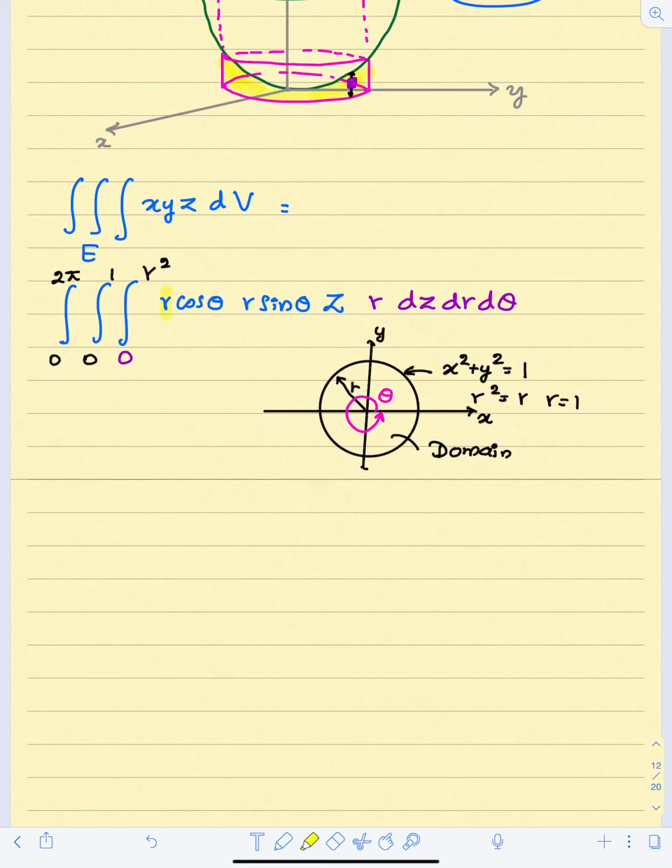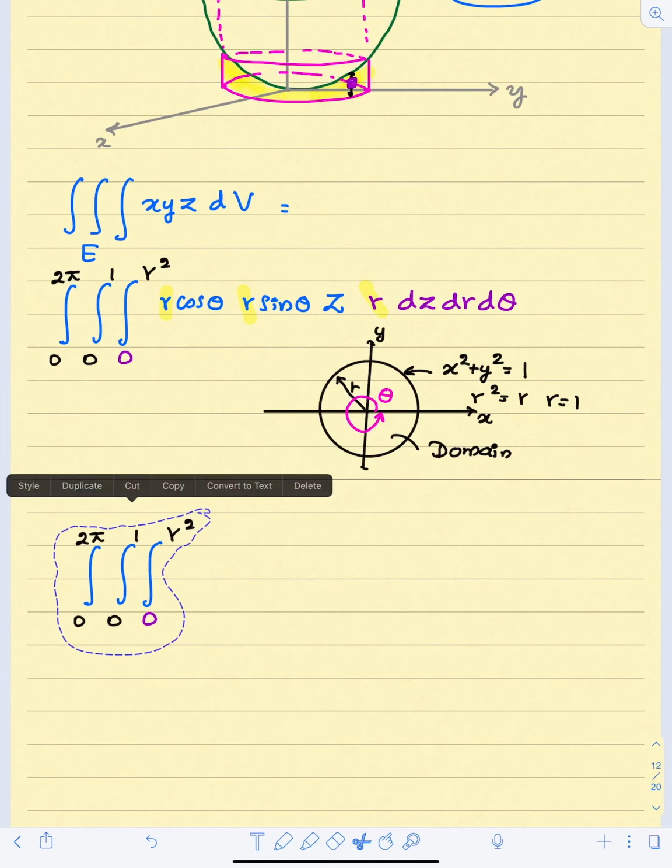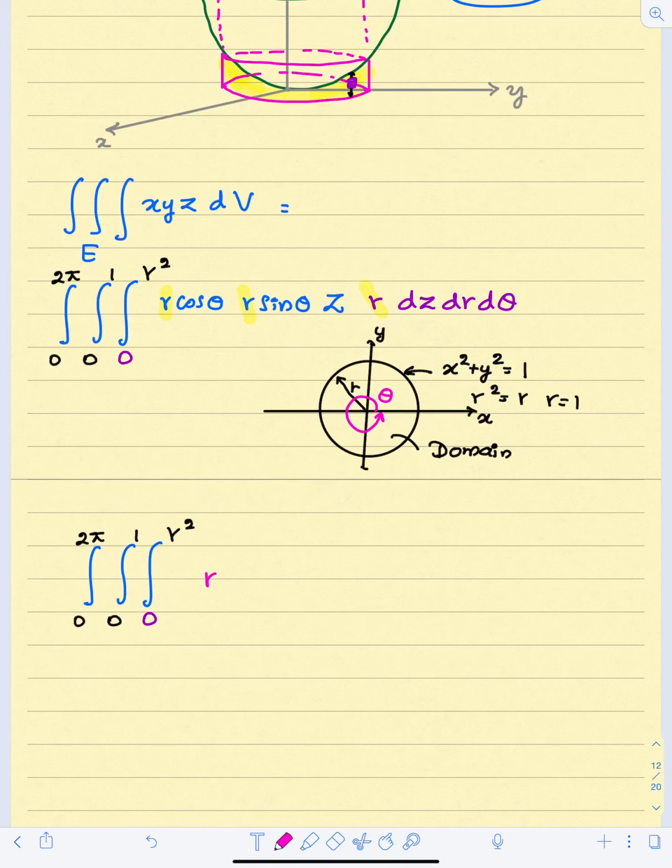Okay, let's simplify the integrand. I have one r term here, another r term here, and another r term here. So basically you have r cubed times sine theta cosine theta times z dz dr d theta.